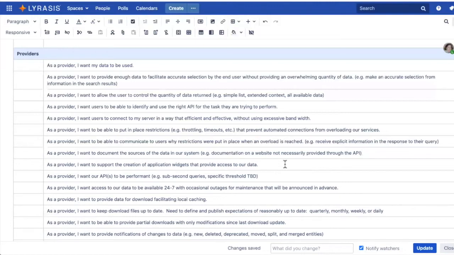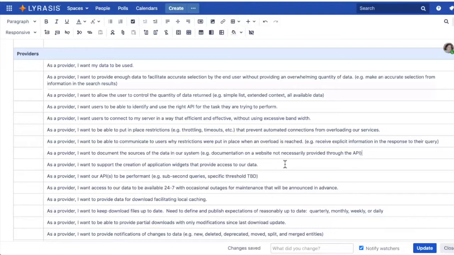Because when I am a provider, I have some exigencies, but I'm in the meantime a developer, asking data from another provider. So probably at the end, we can try to map if these requirements from a provider viewpoint have related requirements in the section of developers and in the section of users or not?